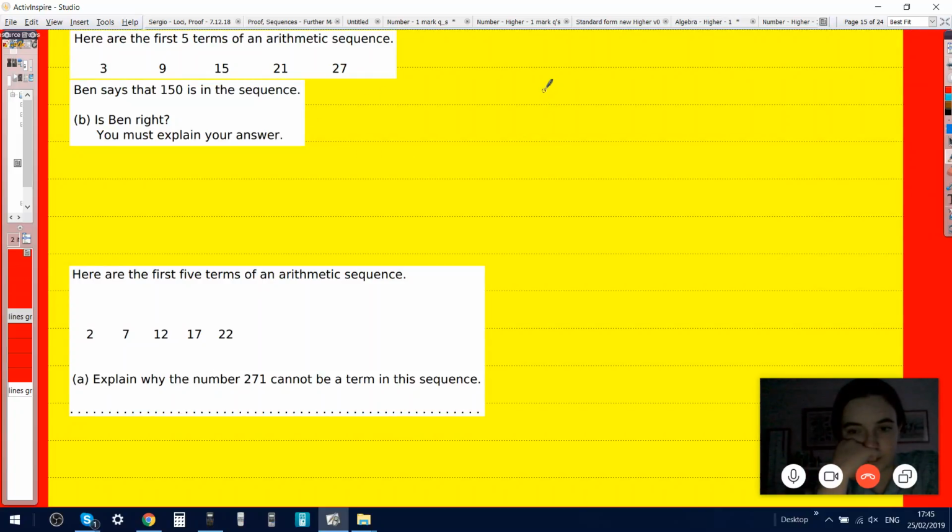Top one. Is it 3n plus? No. This is a 1 mark question, which means there's a way to get the answer just by looking at it.